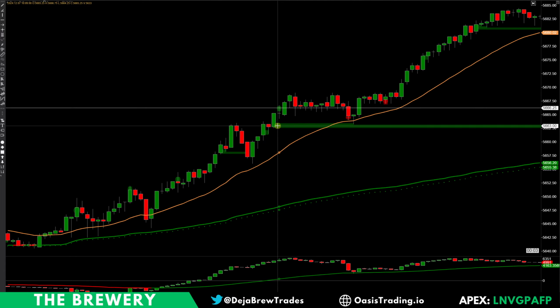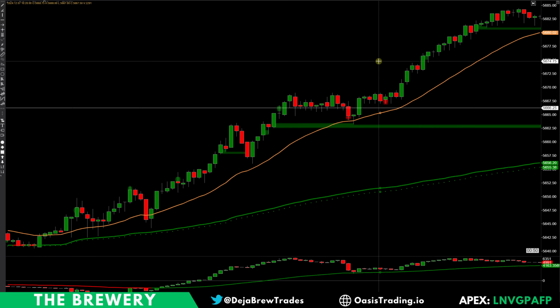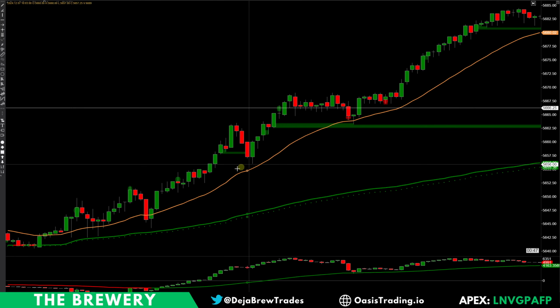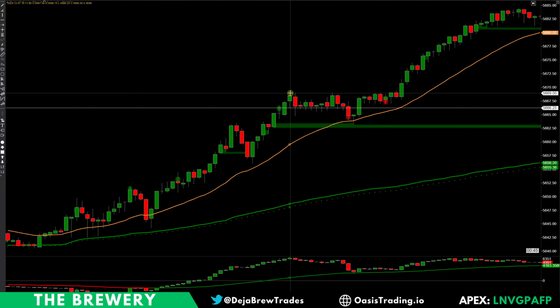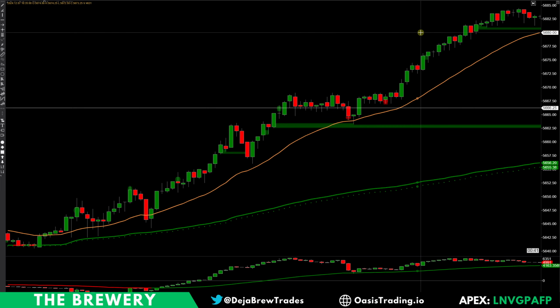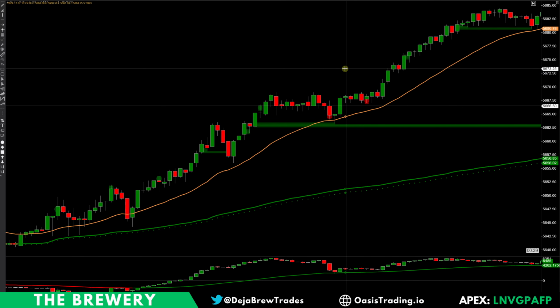So in this example here, if price pulls back to that imbalance and it begins to immediately bounce away from it, it is telling you that the buyers and the sellers are rejecting that price. They want to trade away from that level. So if we're in an uptrend, what does that mean? If we want to trade away from that level, we are going back into an uptrend, okay?